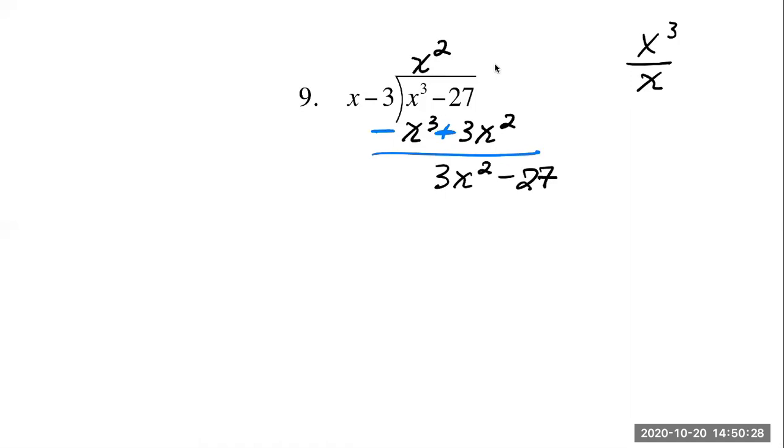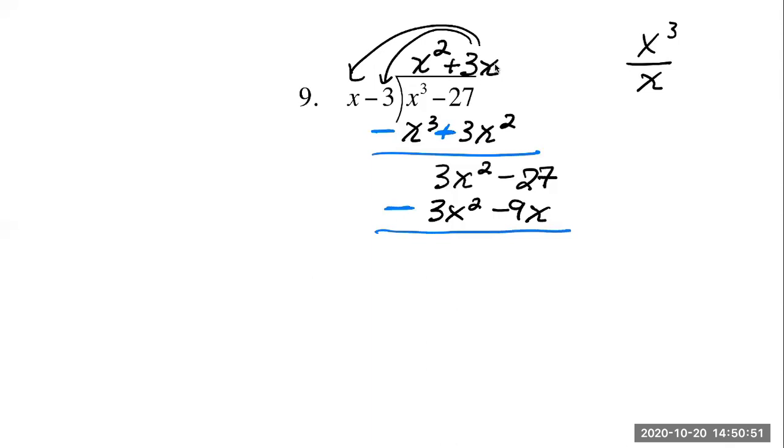And then next we need something times x to give us 3x squared. That sounds like it would be a positive 3x. So multiplying these, we would get 3x squared minus 9x. And then we'd subtract like terms. So that would be 9x minus 27.